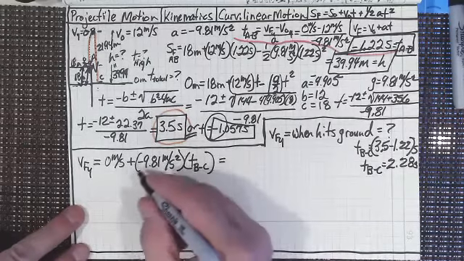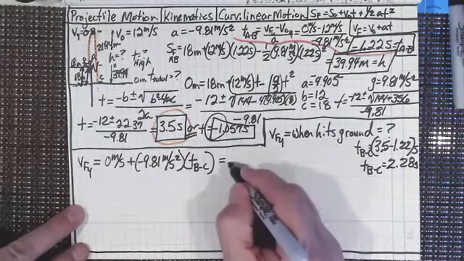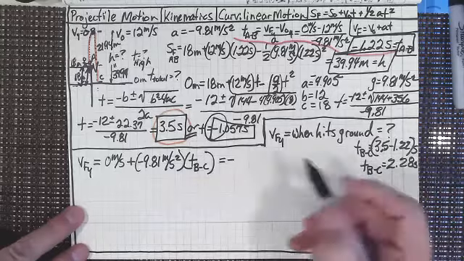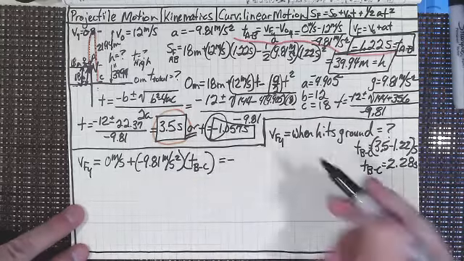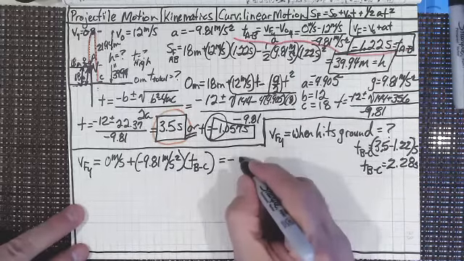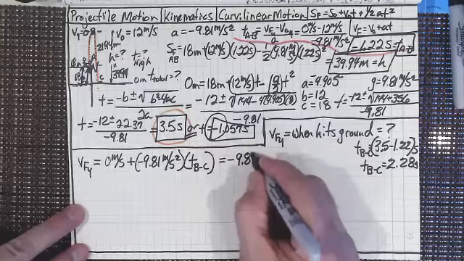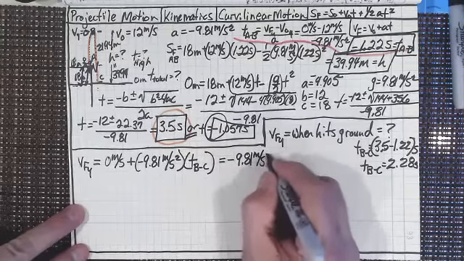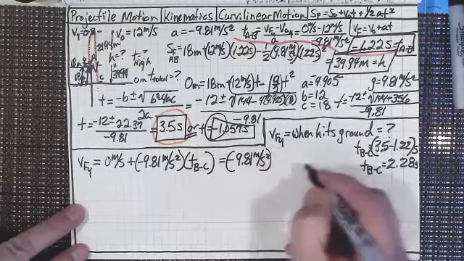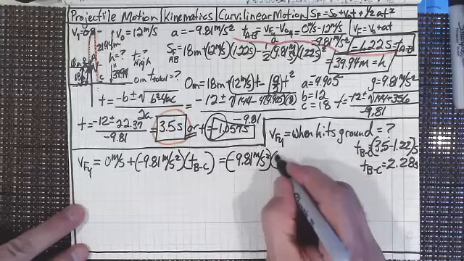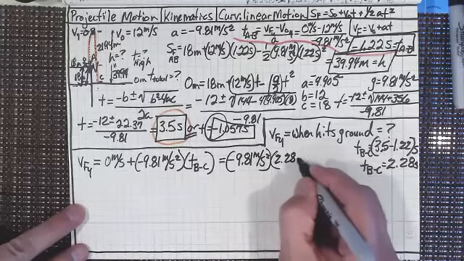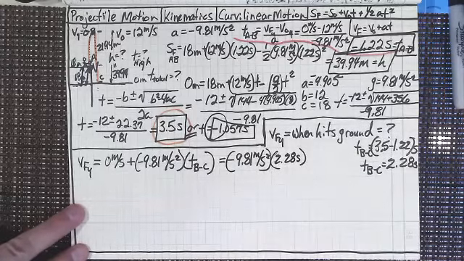So, and of course, your final velocity is going to be in the negative direction. So I'll put a negative there because it's going down. So I have 9.81 meters per second squared times 2.28 seconds.